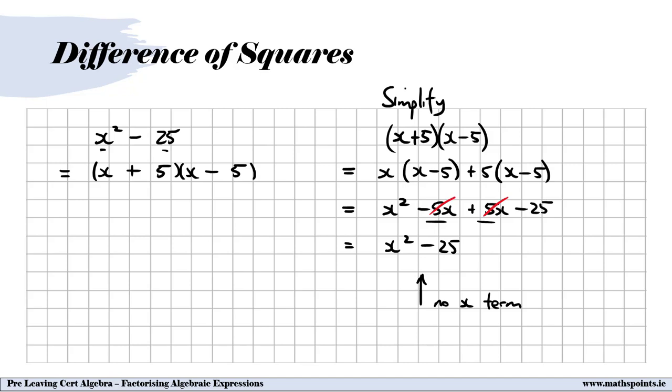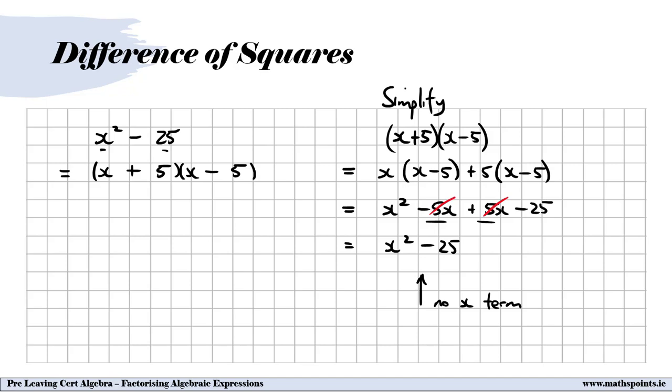If you wanted to do the check we did in the previous example, it would work. x times x is x squared, 5 times 5 is 25, and then the inner two, plus 5x, and the outer two, minus 5x, give you 0, and that's why there's a 0x term in this question. So there's no need to do that check with the difference of two squares. As mentioned, it's fairly straightforward to see that.